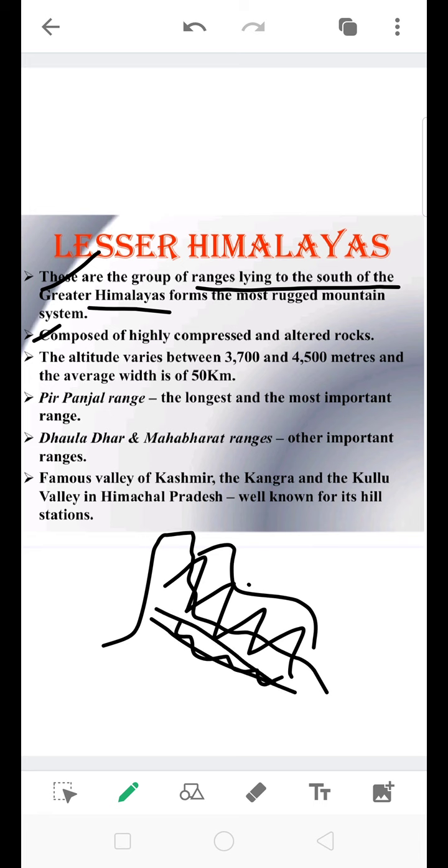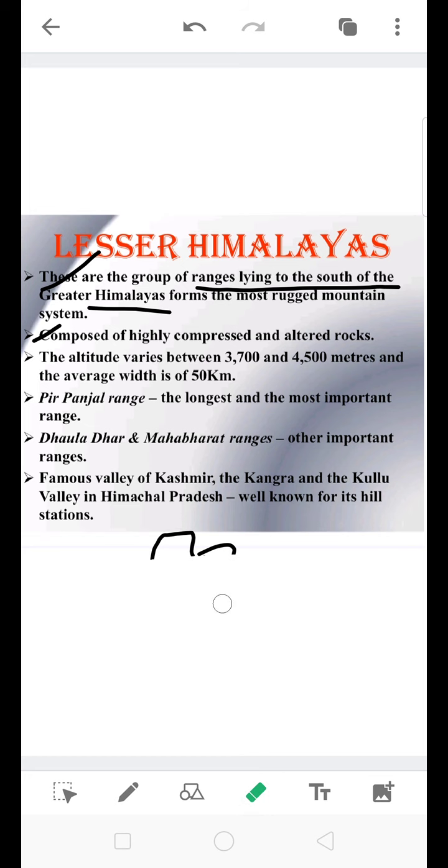So this area is mostly covered with rocks. The altitude varies between 3700 and 4500 meters, and the average width is 50 kilometers.